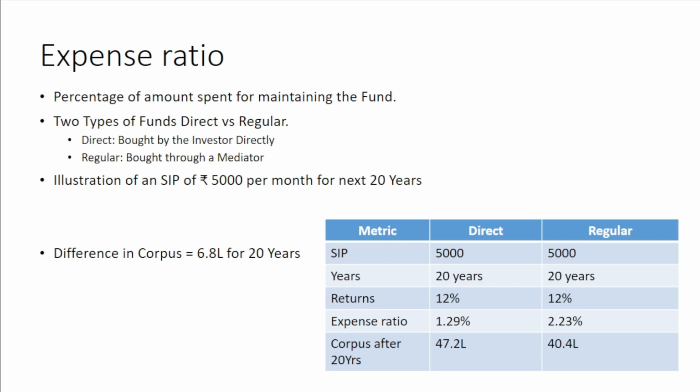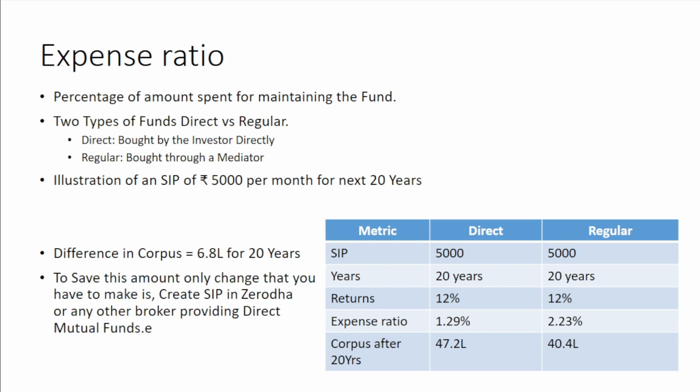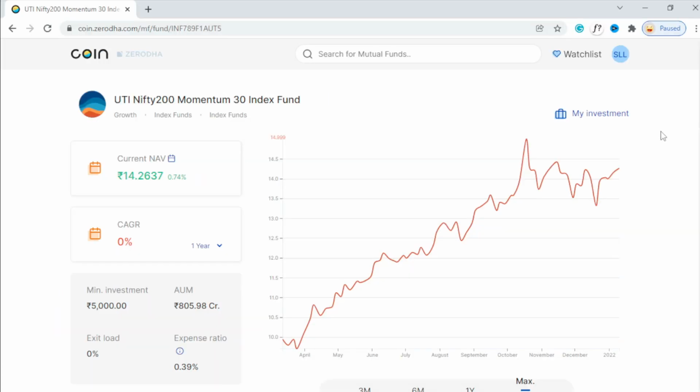On average that comes to 34,000 for 1 year. To save this amount, the only change that you have to make is to create an SIP in, maybe, I use Zerodha, but you can use any other broking company which is providing direct mutual funds. The initial target for everyone moving in the direction of mutual funds is to save under 80C.